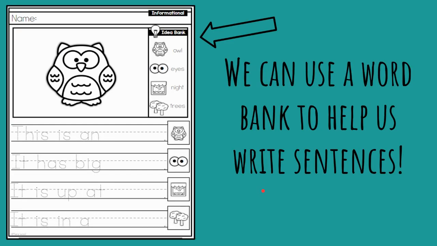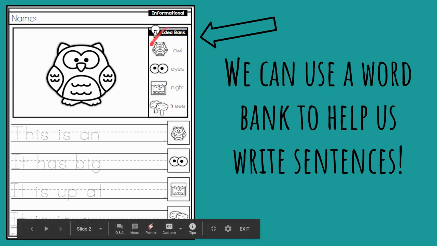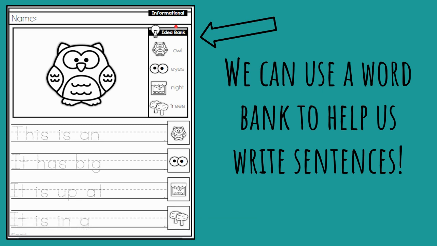So like I said, what we were talking about for our topic is all about owls. So first I want to talk about just a few small reminders as we're getting ready to do our writing and make some sentences. The first reminder, and we talked about this in our last lesson when we wrote all about frogs, is that we can use a word bank to help us write sentences. So this is called a word bank or an idea bank, and it will give you visuals, pictures with words to help you brainstorm what you might want to talk about.